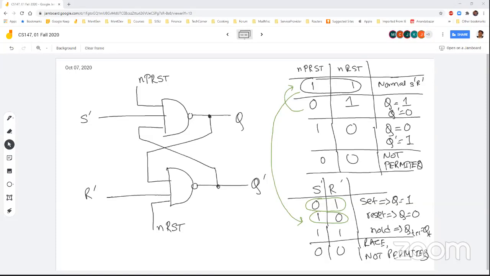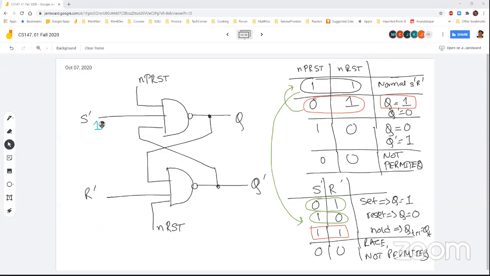The only thing we need to worry about is if we are in a hold condition: will it honor my preset reset values? Like let's say it was preset, will it honor it? Like it was set Q to 1, will it honor it? That is the question.